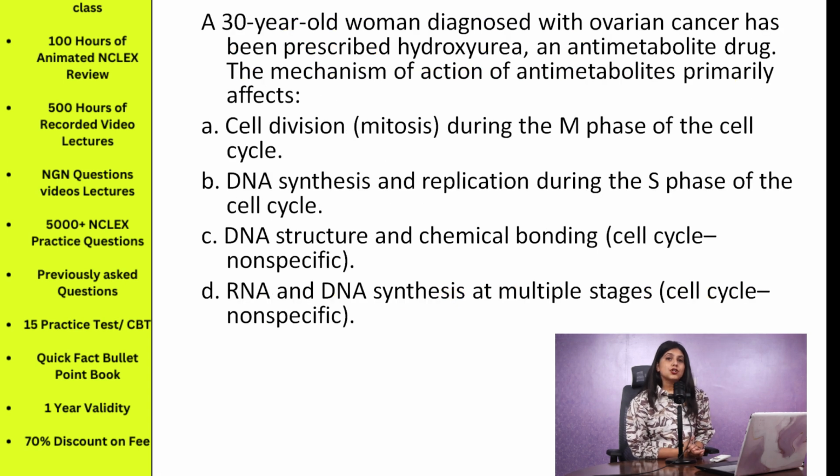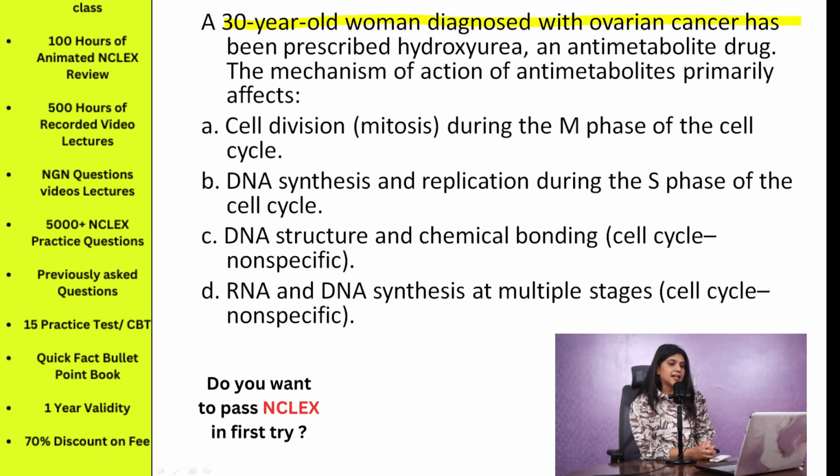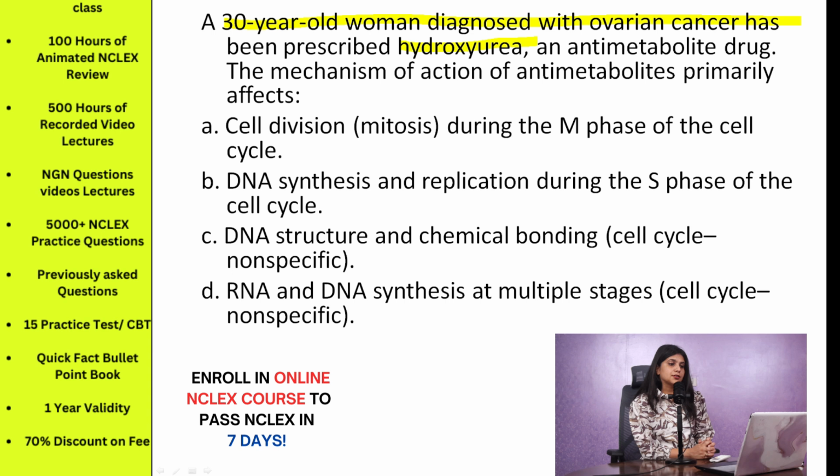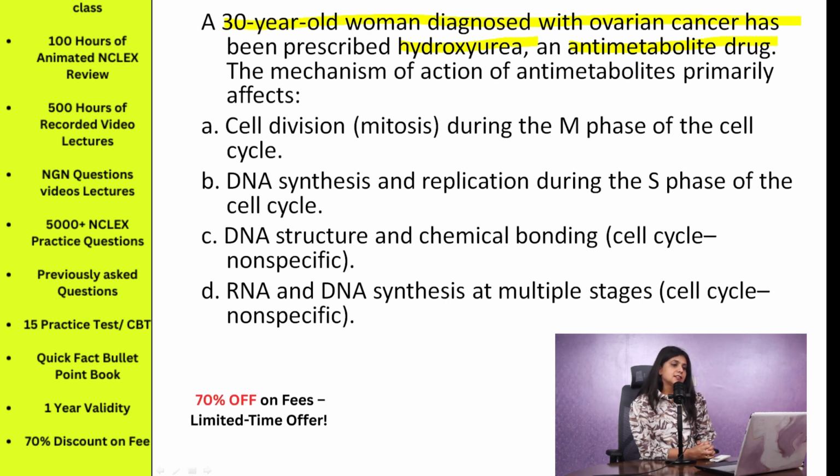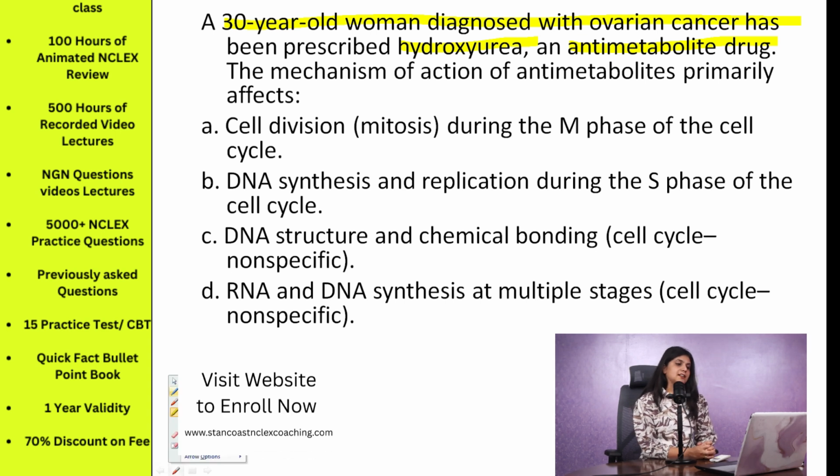Next up, we have a question that many find tricky. Let's see how you do. A 30-year-old woman diagnosed with ovarian cancer has been prescribed hydroxyurea, an antimetabolite drug. The mechanism of action of antimetabolites primarily affects A. Cell division, mitosis, during the M phase of the cell cycle.